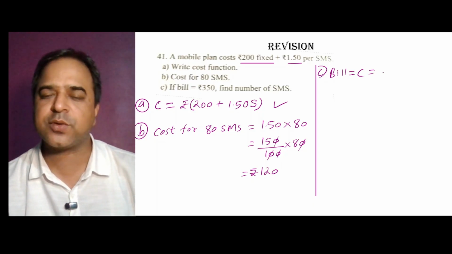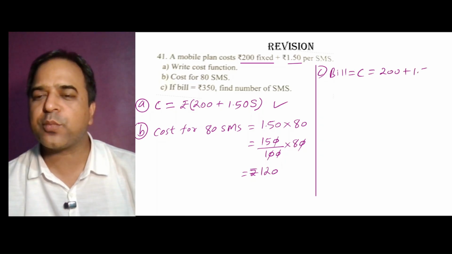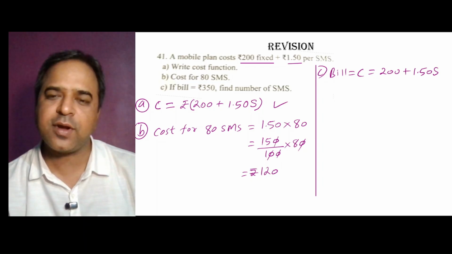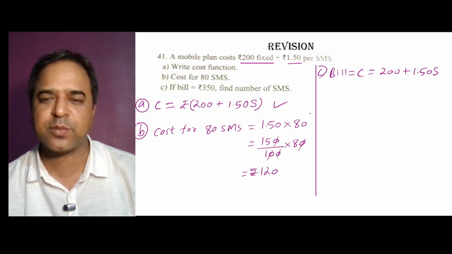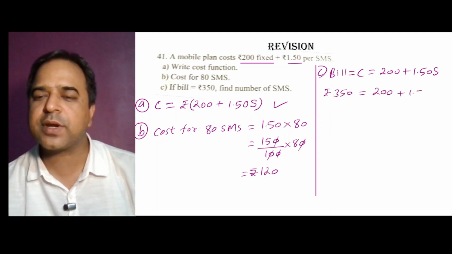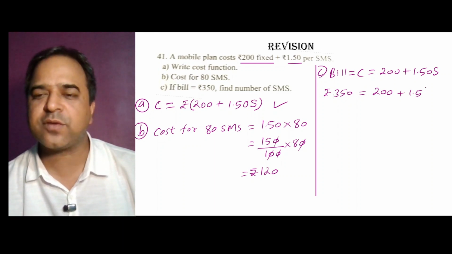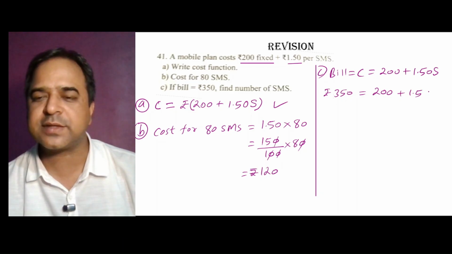C is equal to 200 plus 1.50 S. Here S for SMS. We need to find out number of SMS. So bill is rupees 350, which is equal to 200 plus 1.50 S. You can write 1.5 in place of 1.50.